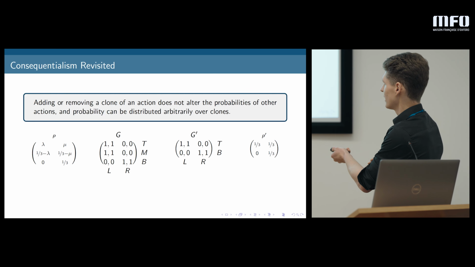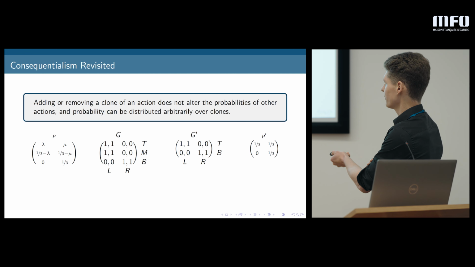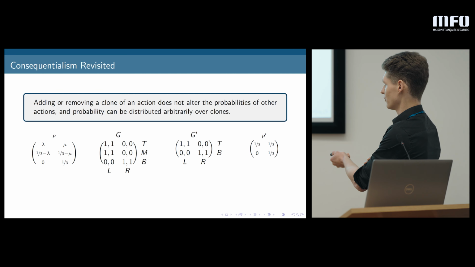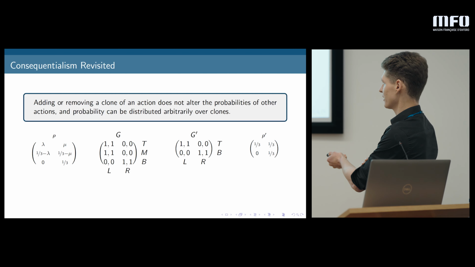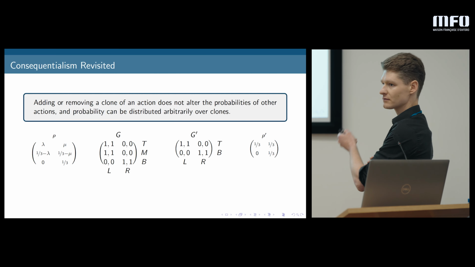So this would say that on the left, all strategy profiles of this form have to be returned. So we conserve all the marginals for the column player. We don't change anything for the row player that doesn't involve any of the clones. And then within the clones, you can distribute probability arbitrarily.